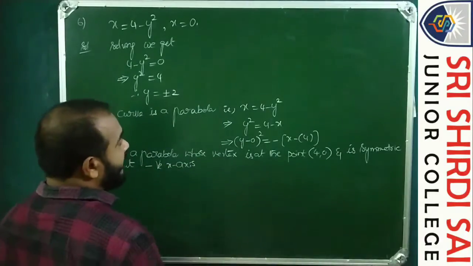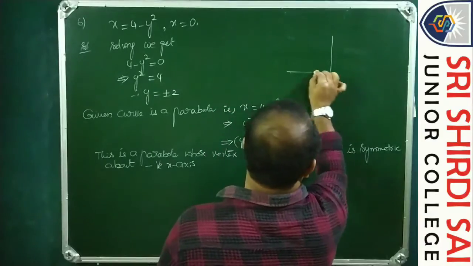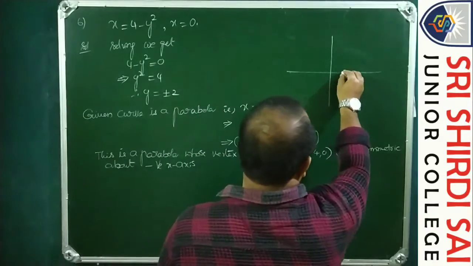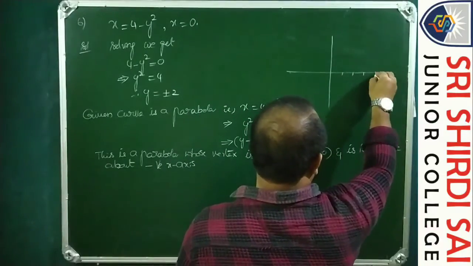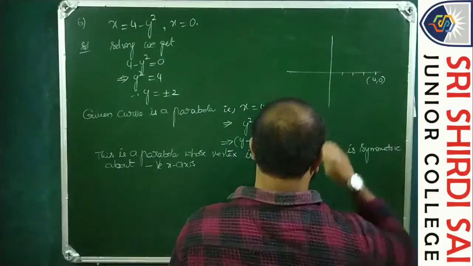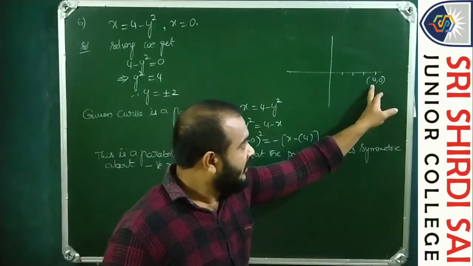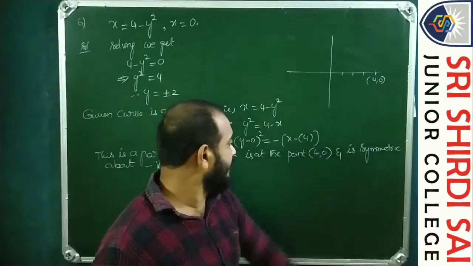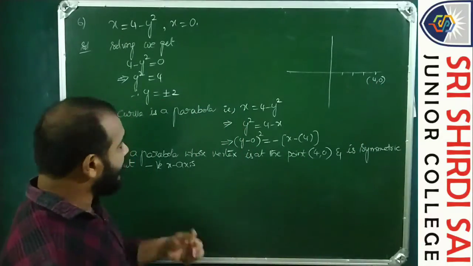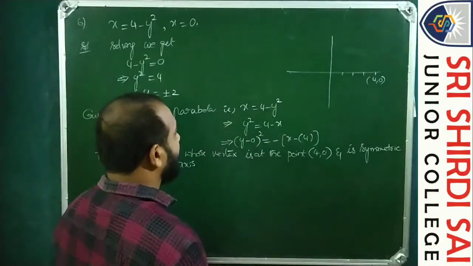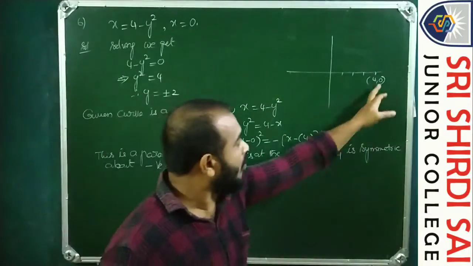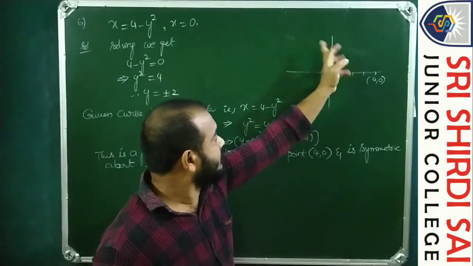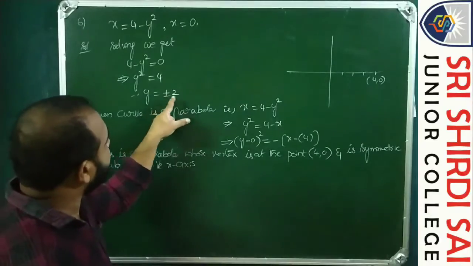Let us try to plot the diagram now. So this is the coordinate axis, and 4 comma 0 is 1, 2, 3, 4. This is 4 comma 0. So the vertex is located at 4 comma 0, and it opens in the negative x direction, and in this process it obviously cuts the y axis at the points plus or minus 2.